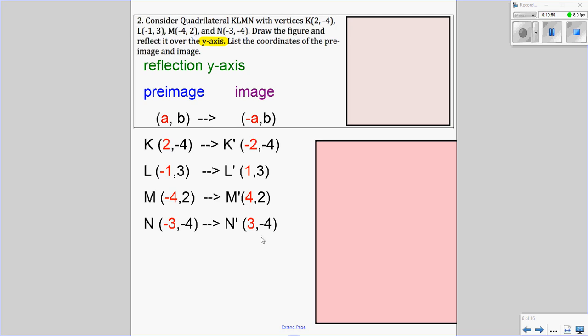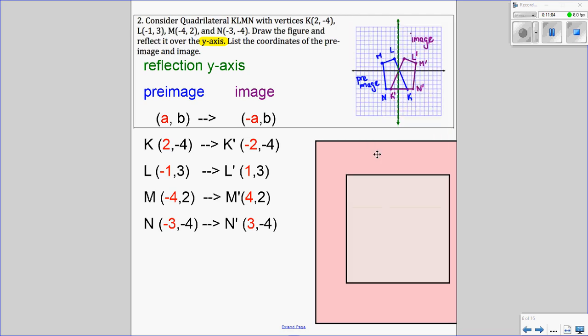It's going to be the opposite for our image. Remember we use prime, because if you label them the same, K and K, you won't be able to distinguish one from the other. So now we have the pre-image that they gave us, and the image based on our new points, based on the reflection over the y-axis. And you see the green line, the vertical line, that's our axis.